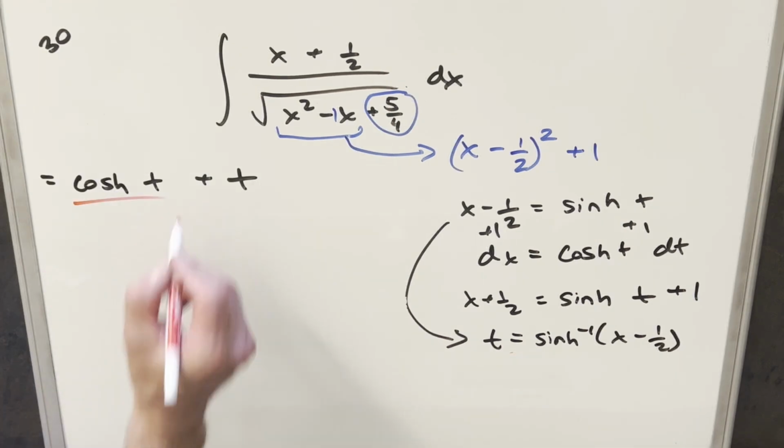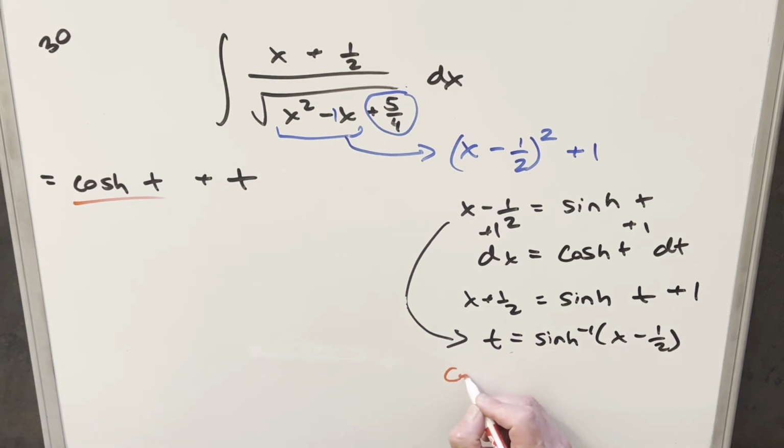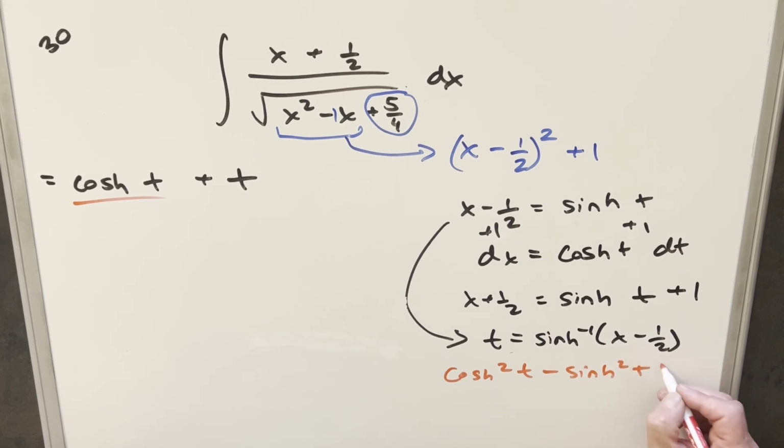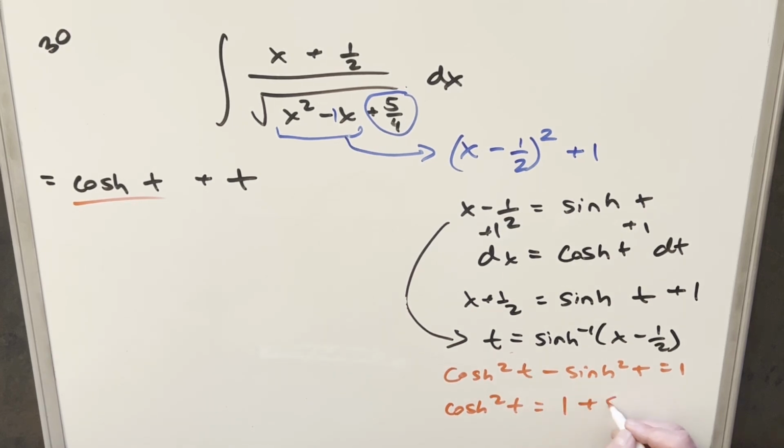Okay, so to find our value for cosh t, we can use the identity that cosh squared of t minus sinh squared of t is equal to 1. But actually what I want to do is isolate the cosh, so we can rearrange: cosh squared t, adding the sinh squared t, becomes 1 plus sinh squared t. Take a square root on both sides so that we're left with just the cosh t that we want.